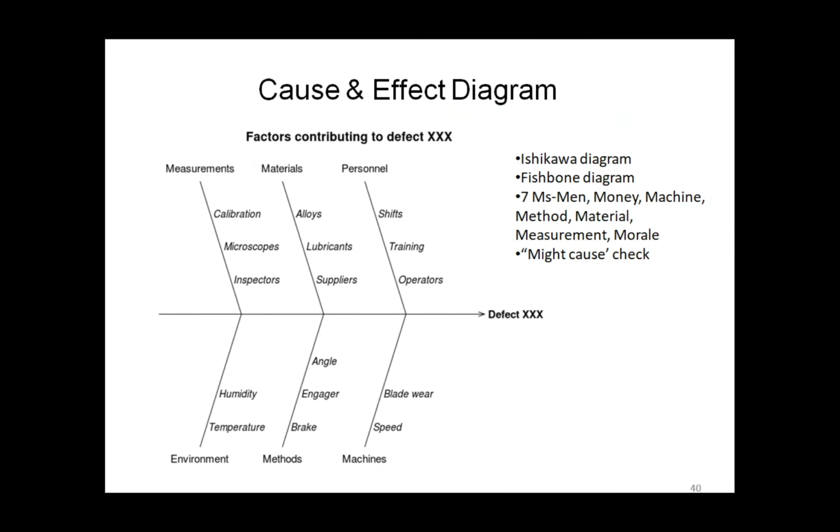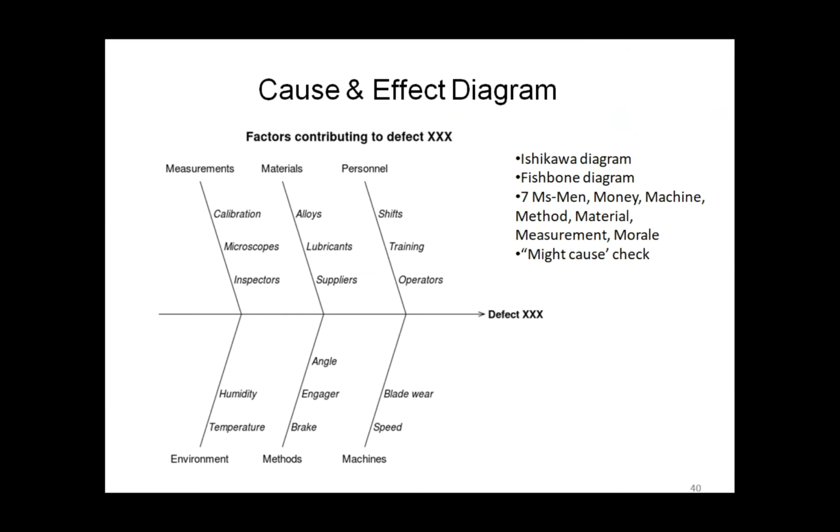I have examples from manufacturing, where we say the defects were high due to probably multiple shifts, or probably incorrect training of the operators. And there's one point which I may quickly want to highlight here, which is something called a might cause check.